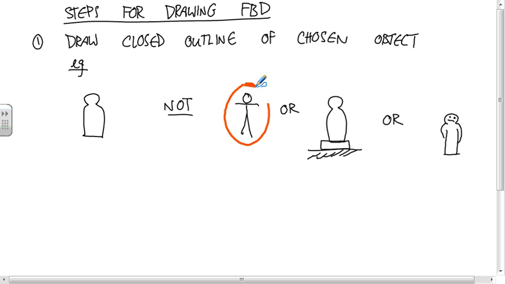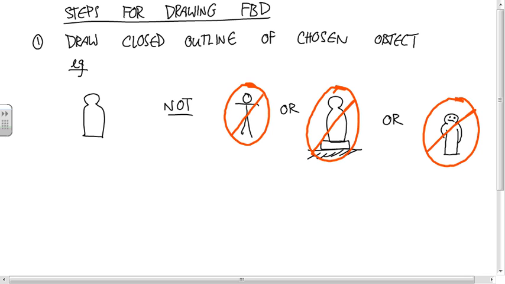So don't do any of those. The reason the closed outline is helpful: we're going to use the free body diagram to show all the forces acting on a body. And remember, I said that in this class, the only forces are going to be the weight force and forces acting on the outer boundary of the object. So drawing this closed outer boundary makes it really clear to yourself where we're looking for forces. If you draw a stick figure like this, it's not as clear what's inside and what's outside. This is more clear. Okay, so that's the benefit of this.